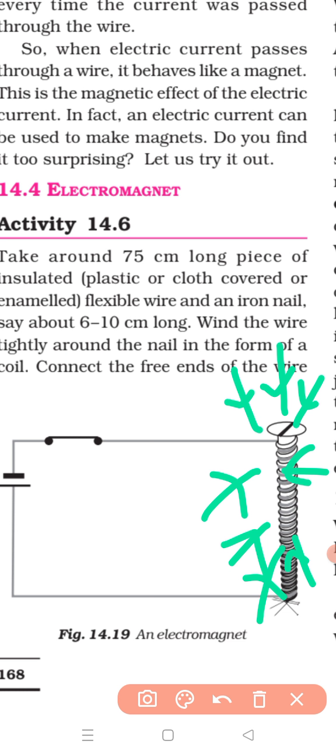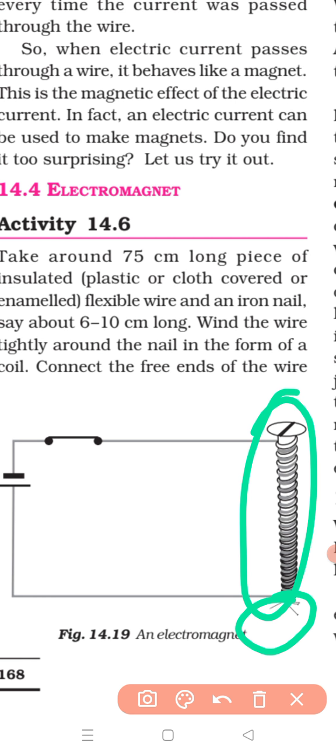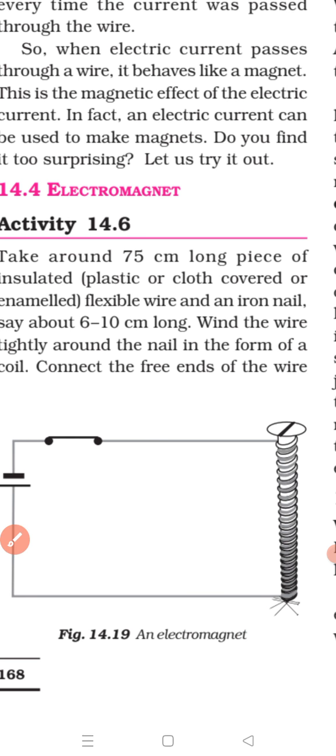If you place small iron nails or iron pins near it, the iron rod will attract them towards it. Why? Because it behaves like a magnet. Clear?